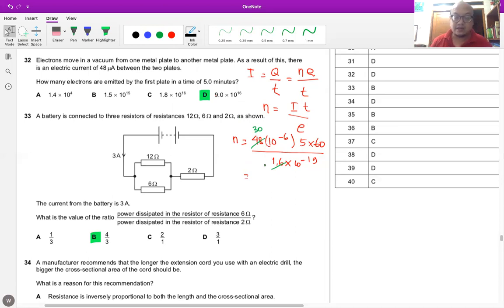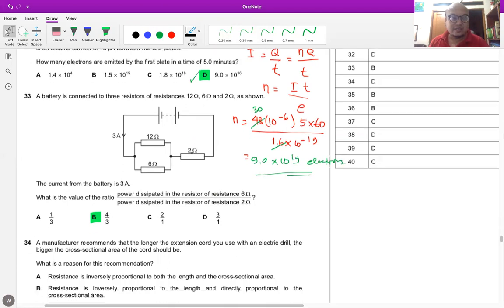Yes, correct, 9 times 10 to the power 16. This is about 9.0 times 10 to the 16 electrons. That's it, so the correct answer is D.